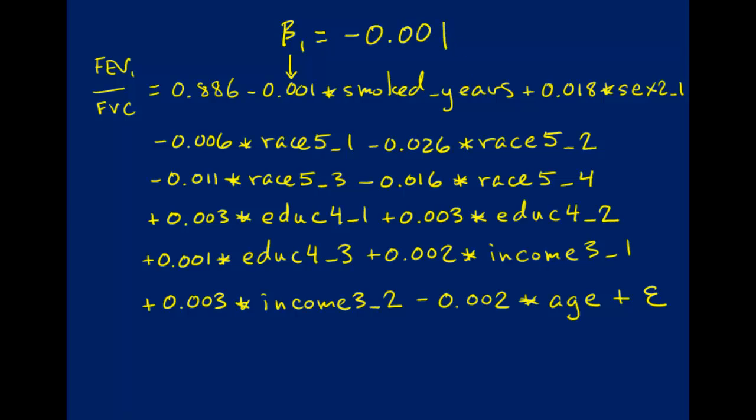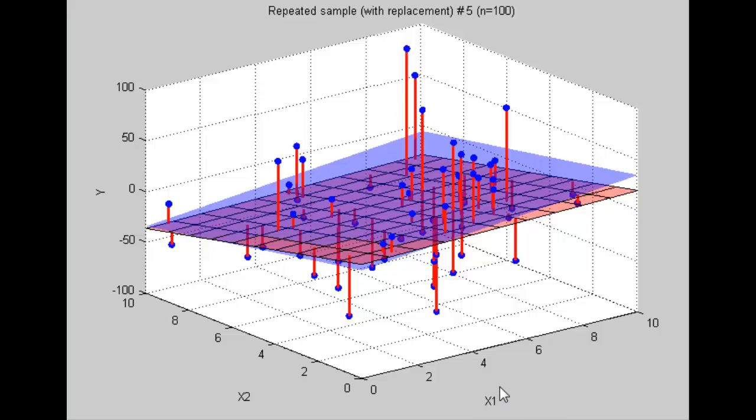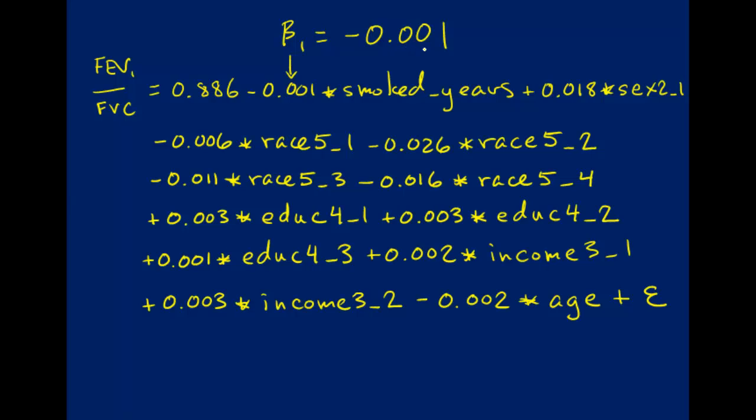Well, what we are thinking about is that if x1 is our smoked years variable, then the smoked years is getting multiplied by that number, negative 0.001, which means that for every year that an individual smokes, their FEV1 to FVC ratio is decreasing by 0.001.